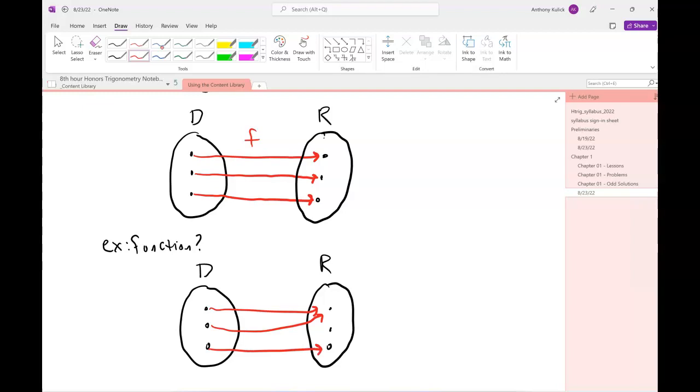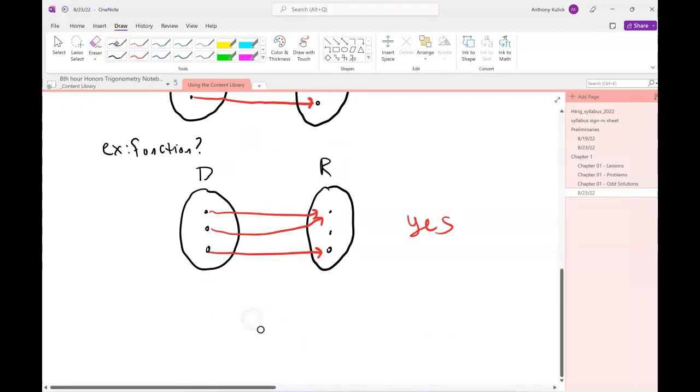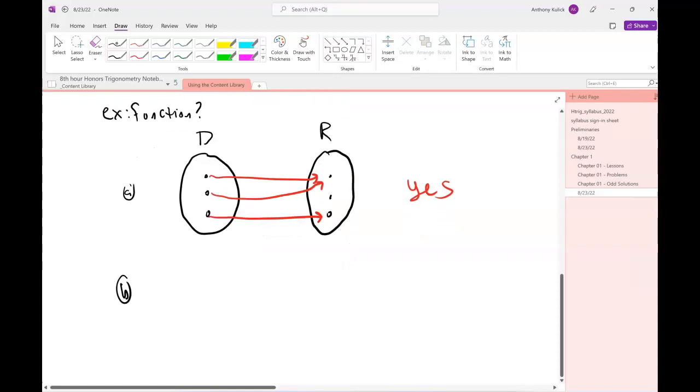Is that a function? Yeah. All the x's go somewhere, and they're only going to one place. Does it matter that all the y's aren't hit? Nope, it does not. Everybody's cool? Okay. Call that B then.